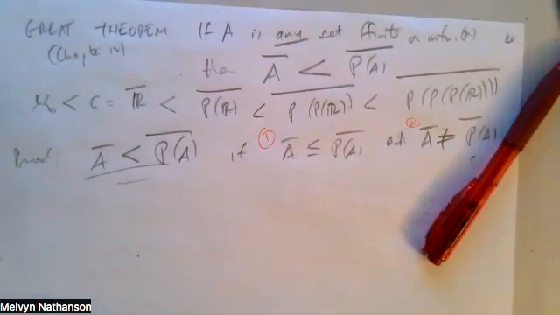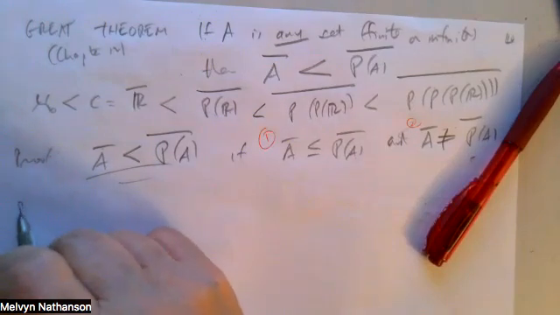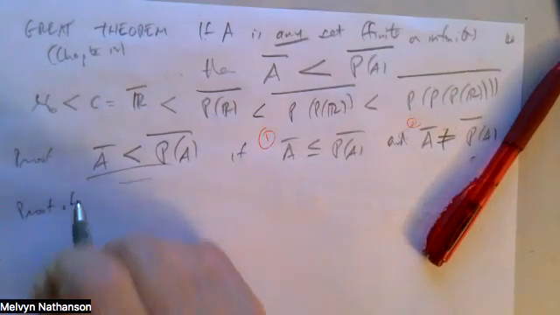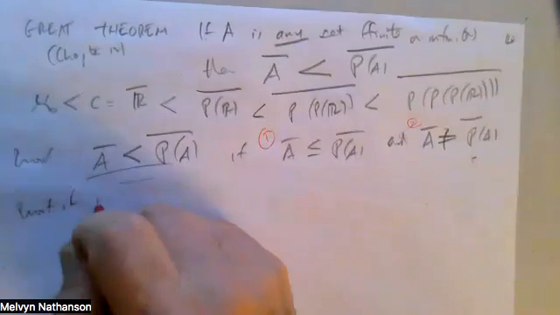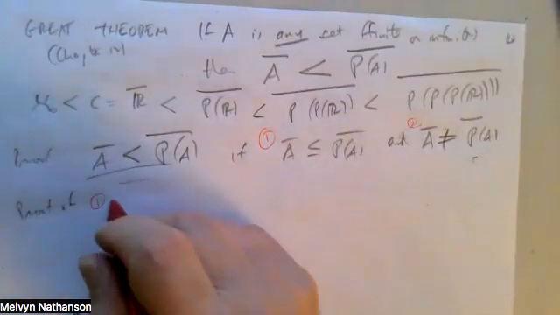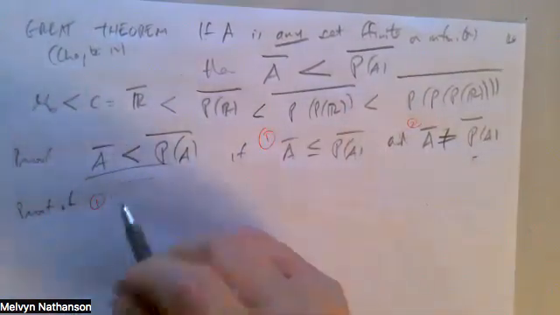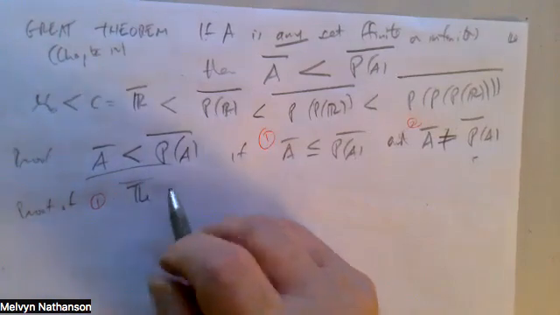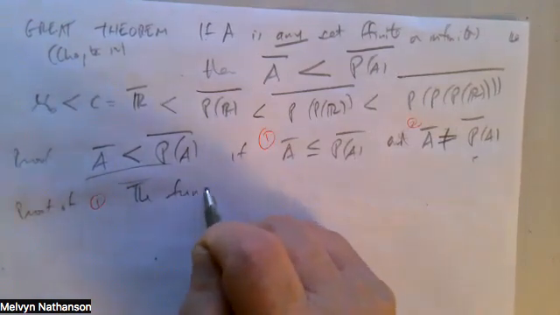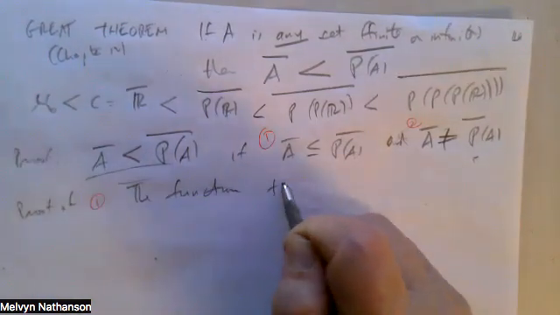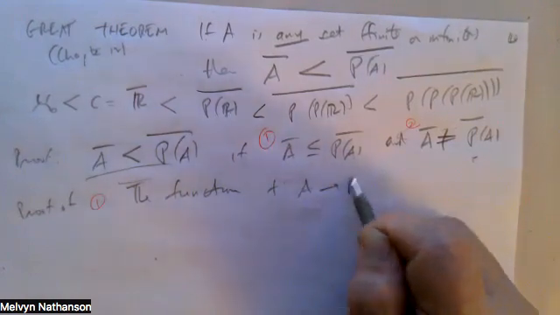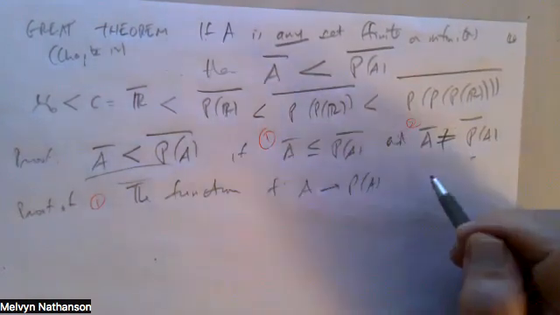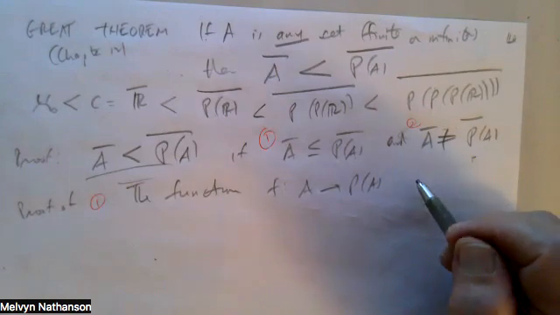Now, the first is easy to show. Because we have to define a function f from A to the power set of A that is 1-to-1.